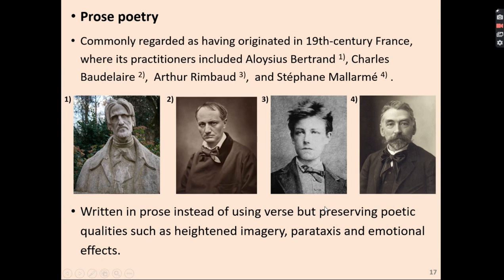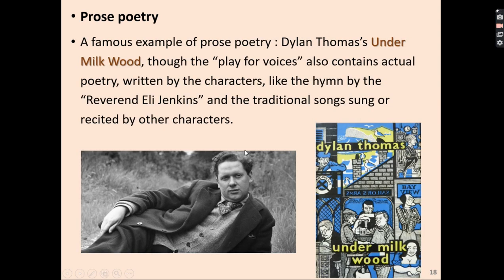It is written in prose instead of using verse, but preserves poetic qualities such as heightened imagery, paradoxes, and emotional effects. So it was mentioned in the video why it is called prose poetry. A famous example of prose poetry is Under Milk Wood, written by Dylan Thomas. You can also search it if you like, but if you already understand the definition of prose poetry, then we may continue.